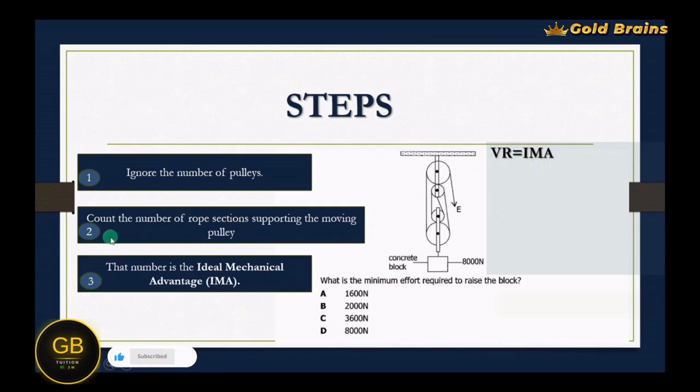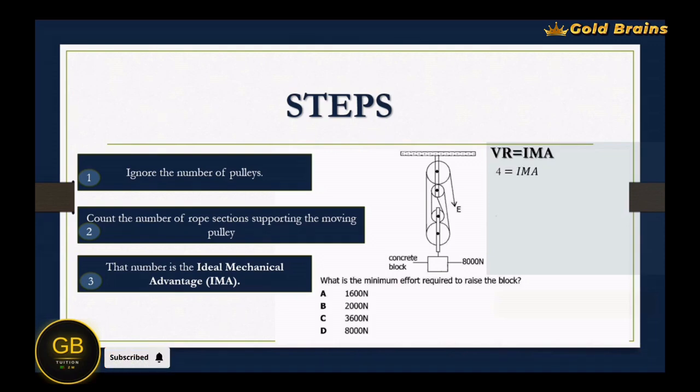Then the second thing here is to count the number of rope sections supporting the moving pulleys, right? How many ropes are supporting the moving pulley? We have got 1, 2, 3 and 4. So our ideal mechanical advantage now will be 4.